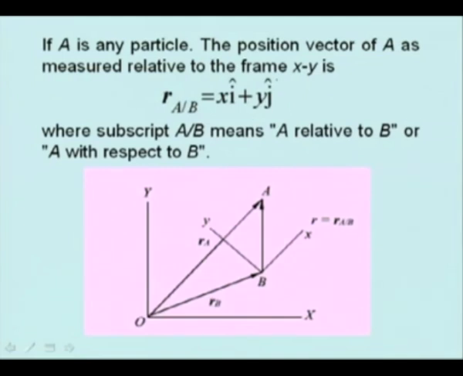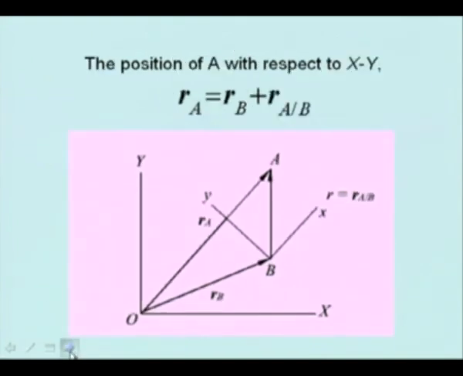However, if the axes are parallel to each other, if small x is parallel to capital X and small y is parallel to capital Y, in that case capital I hat will be equal to small i hat. In this case, we have expressed it as x i hat plus y j hat.